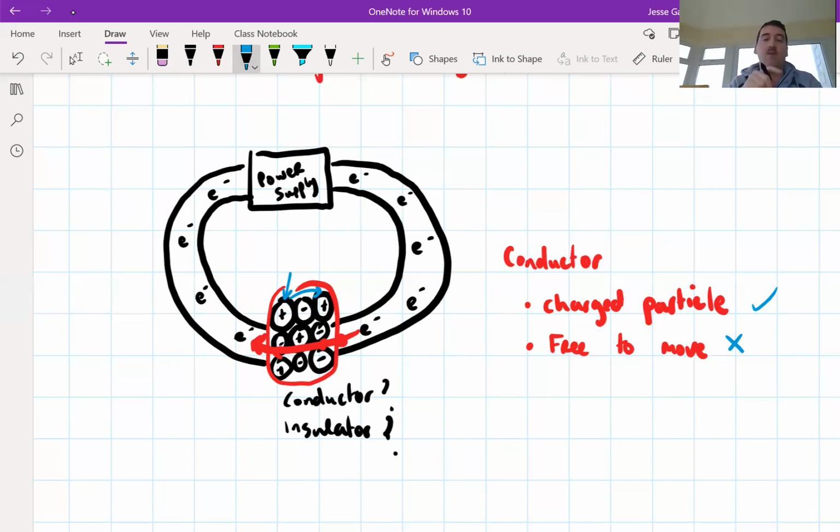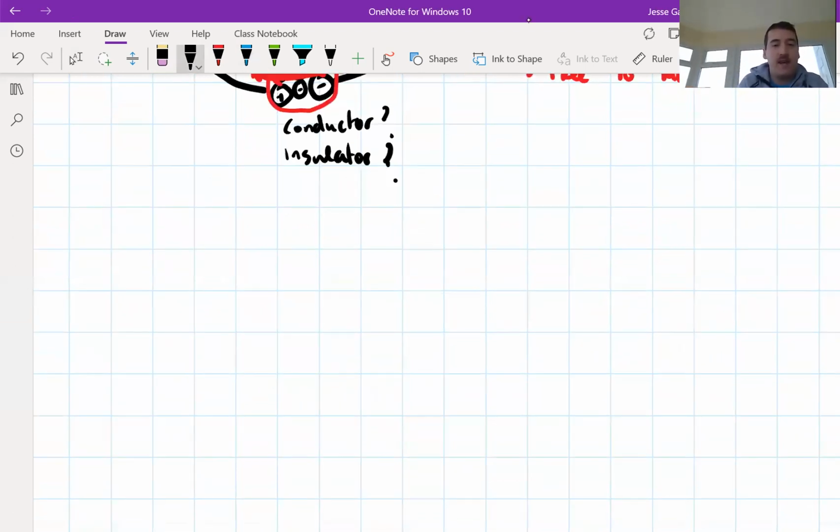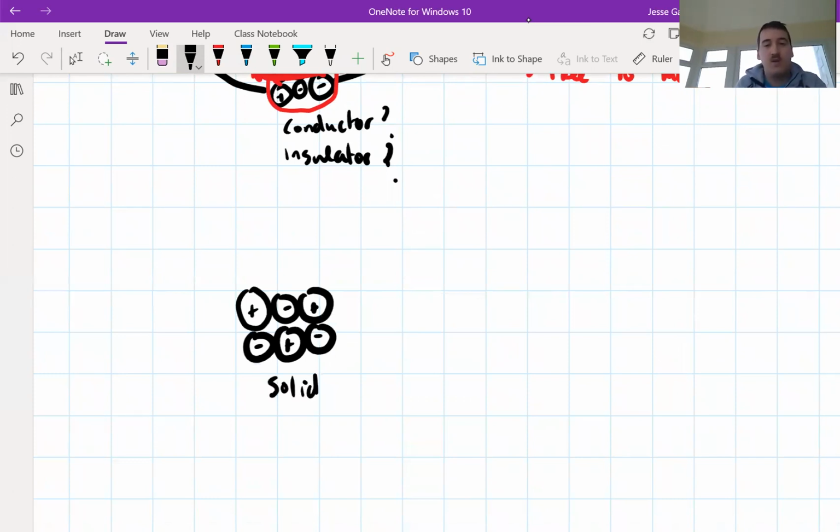Now, there are two ways we can get them to be able to move. So we know there are charged particles. How can we get them to be able to move? Well, the first thing to think about is, what happens if we take our crystal structure like this, positive and negative alternating ions? I'm just going to draw six. Here they are solid. What would happen if we were to take them and melt them?